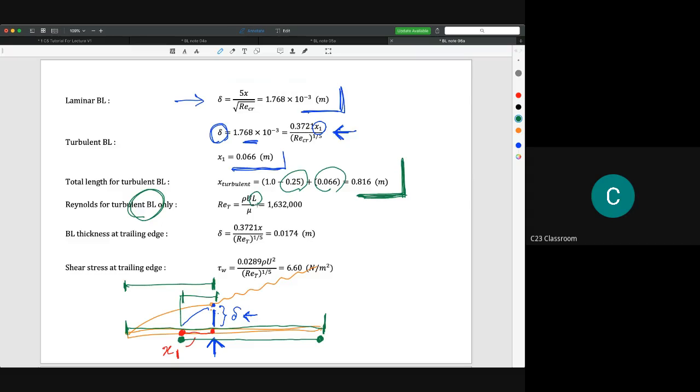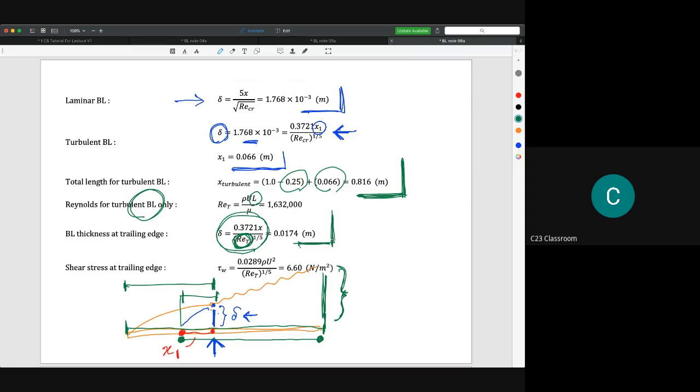Then we can calculate the boundary layer at the trailing edge, at the end of the plate, using the turbulent boundary layer. This is the equation for delta, but make sure you are using the Reynolds number from the turbulent, because we are using only the turbulent boundary layer. So we get 0.0174 meters.